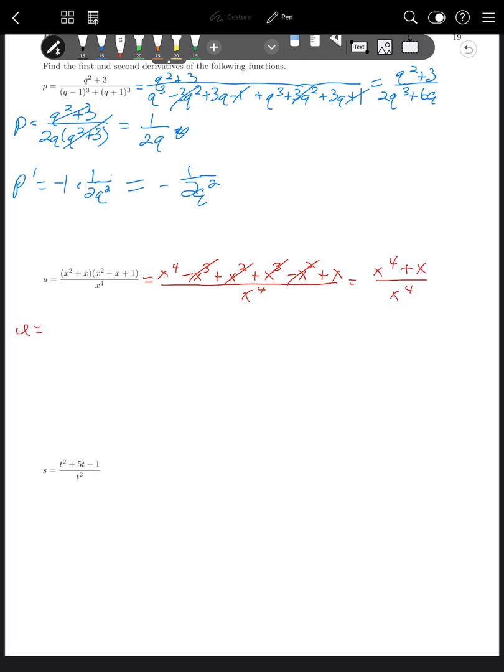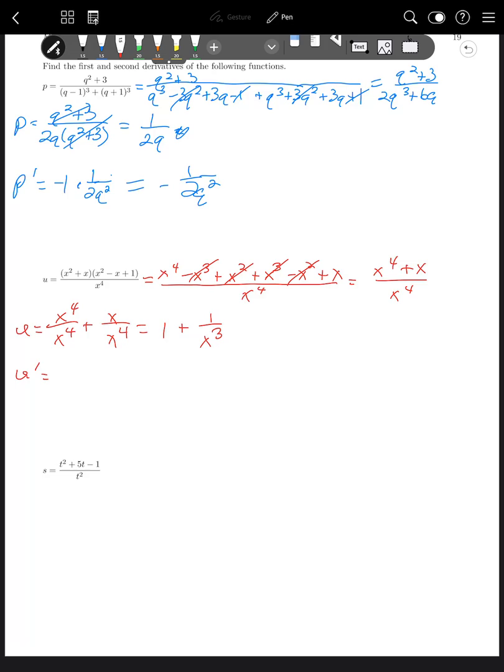Now one additional thing we can do here is divide this to make it simpler. So this would be x to the fourth over x to the fourth plus x over x to the fourth, which is 1 plus 1 over x cubed. And so that is a much easier polynomial to do the derivative of. So u prime: the derivative of 1 is 0.